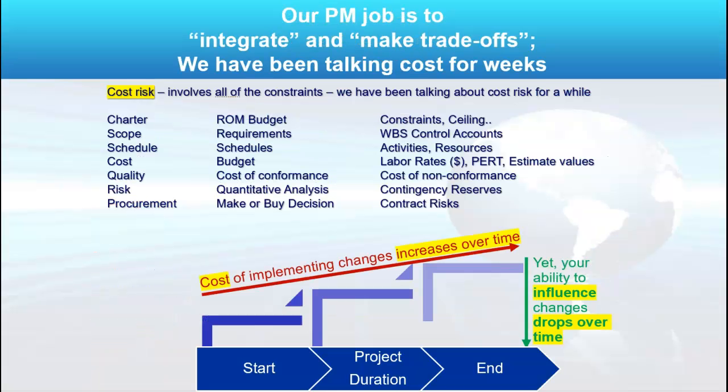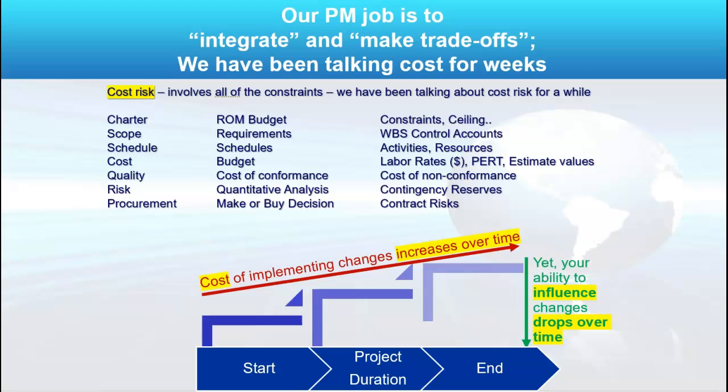Now, moving to cost then, and how does this relate to cost? So cost really touches on every single knowledge area in the project. So predictive projects, as we've talked earlier, are risk focused, looking to control the project and manage risks to minimize them.